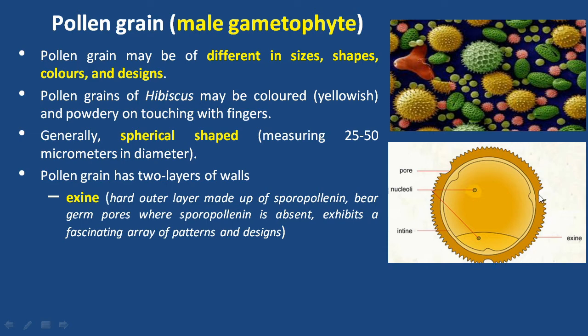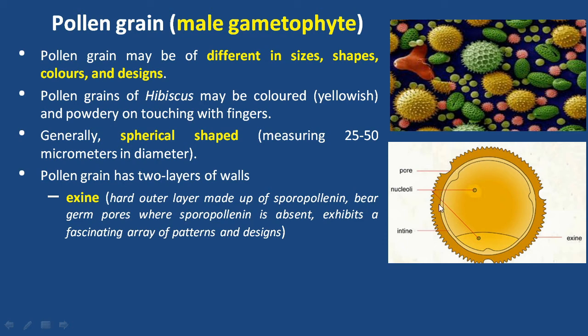At some regions, sporopollenin is absent. Over here, sporopollenin is absent. Here also is shown absence of sporopollenin, and at the sites where there is absence of sporopollenin, the pollen grain has pores.